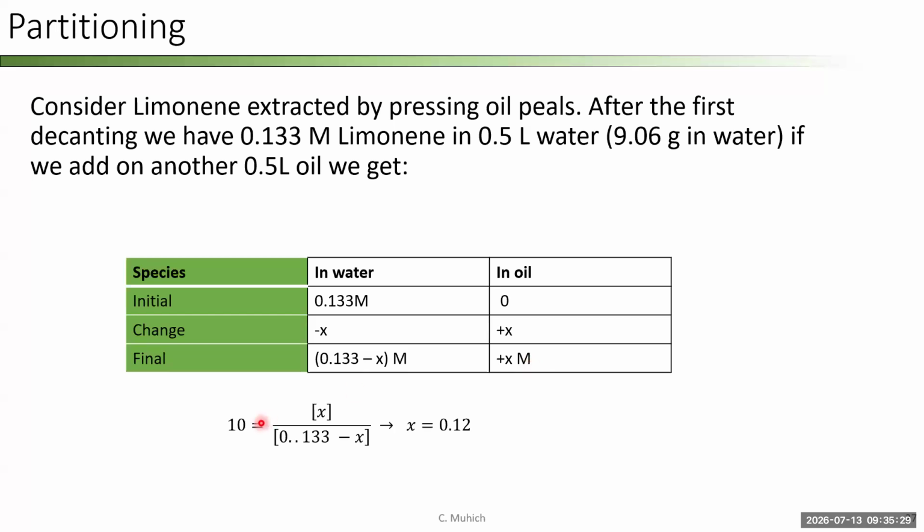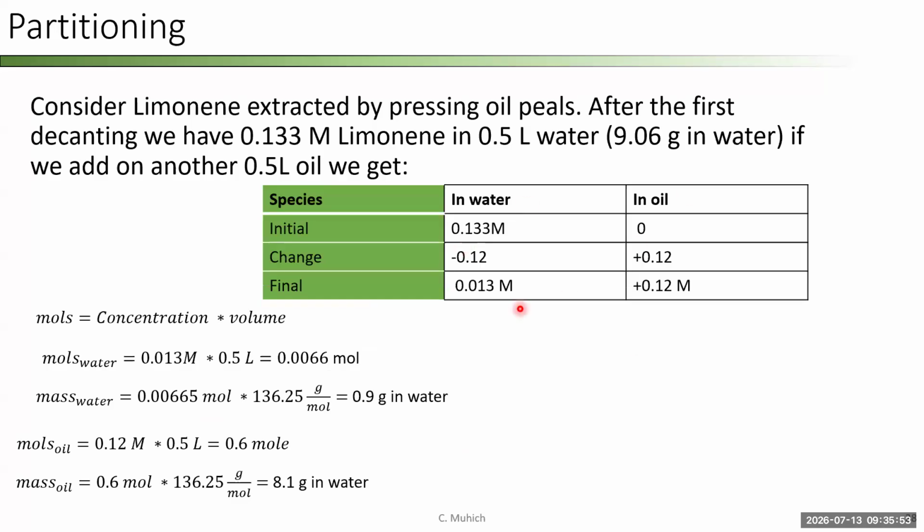Just like before, I can set up my partition equilibrium constant. So that was 10, and that equals our products, the limonene in the oil, over the reactants, 0.133 minus X. So the amount of X that's changing is 0.12.